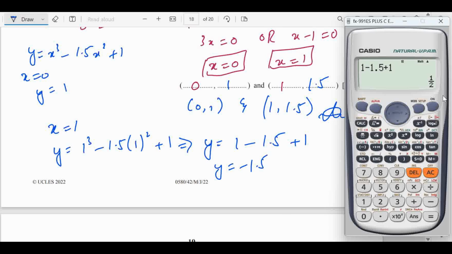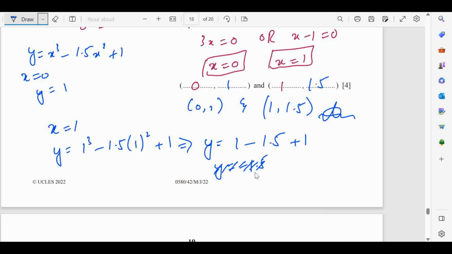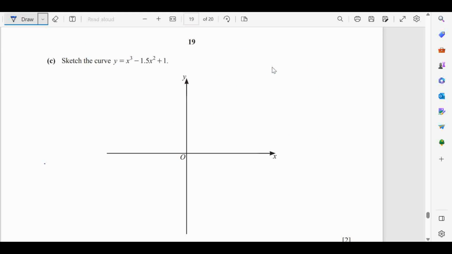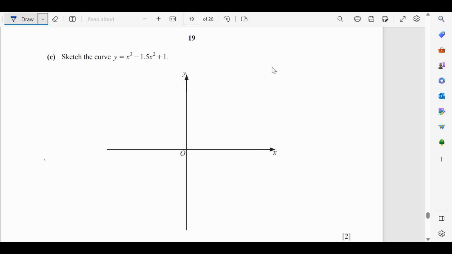This will be equal to positive 0.5. You can clearly see that we need to make sure of the calculation. So this must be 0.5. So this will be the final answer. Now let's move to part C.